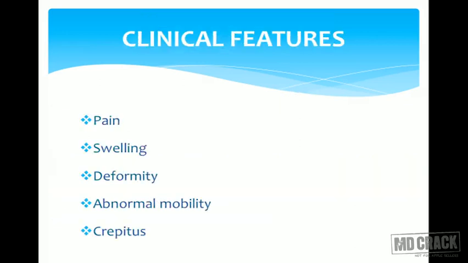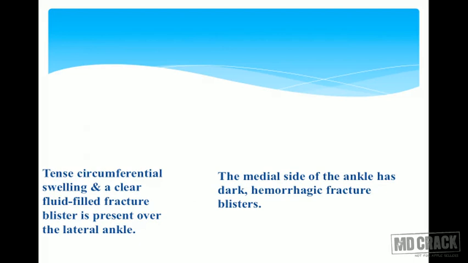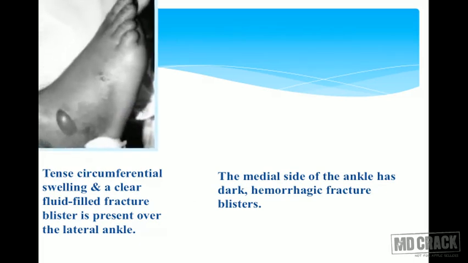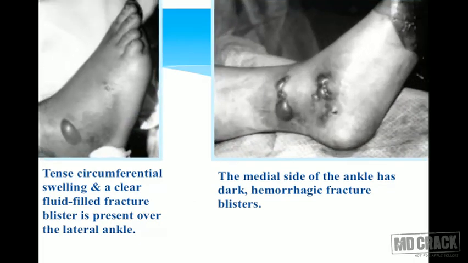Clinical features of ankle fractures are mainly pain, swelling, deformity, abnormal mobility, and crepitus, which is felt on examination. While examining the foot, you must always look at the skin condition. Especially in the ankle, there are blisters which are clearly seen in these pictures.